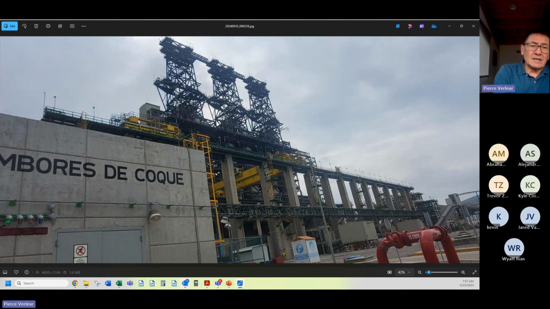When I arrived on site, I was told a couple of very interesting things. One, the distance from the decoking tower to where the drives were installed wasn't 175 feet as we were told in the original specification.